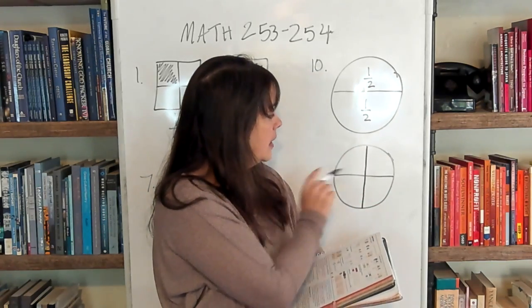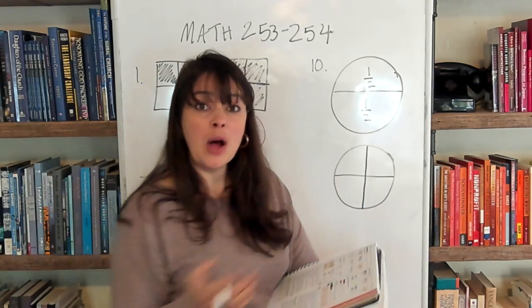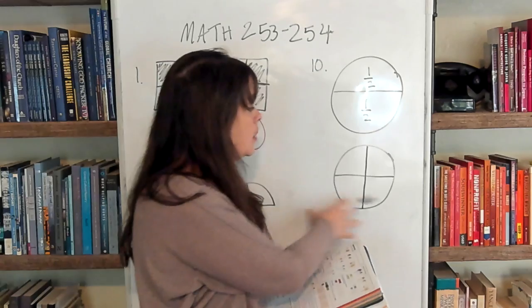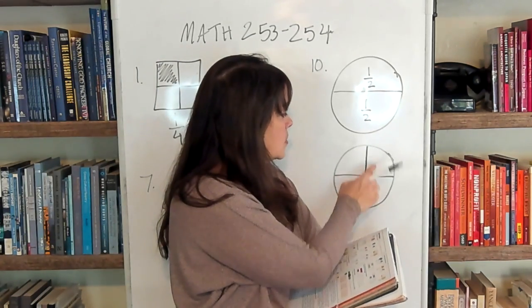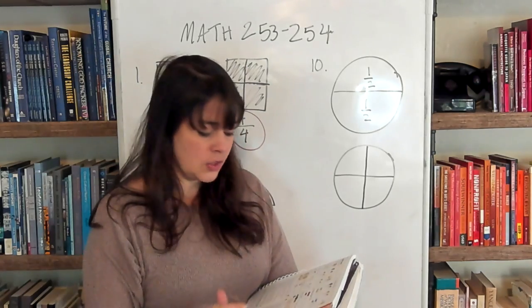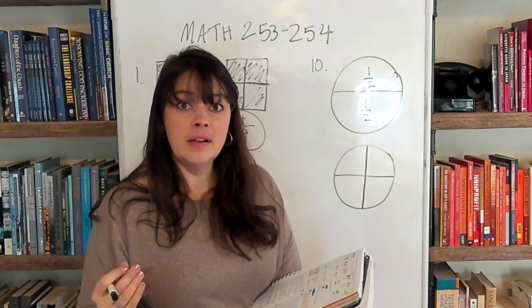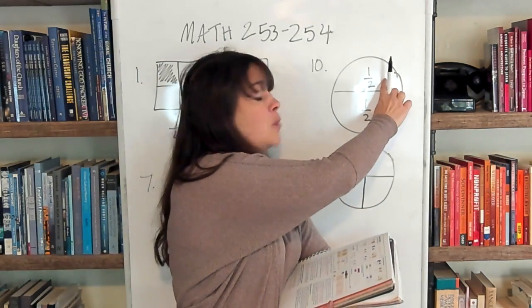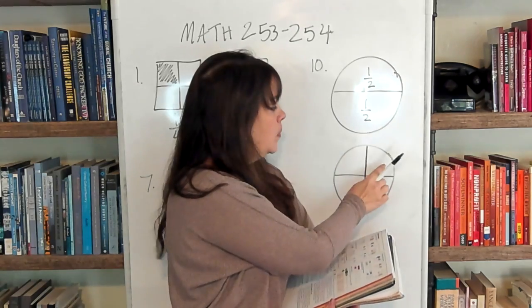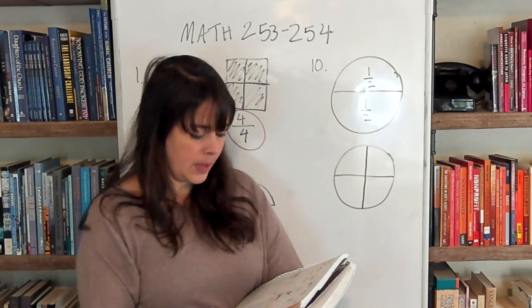Now, the fraction parts became smaller, okay? It's still making a circle, but now the partitioned parts are smaller. So it will take more smaller parts to make up the whole. It only takes 2 halves to make this whole, but it will take 4/4 to make this whole, okay?